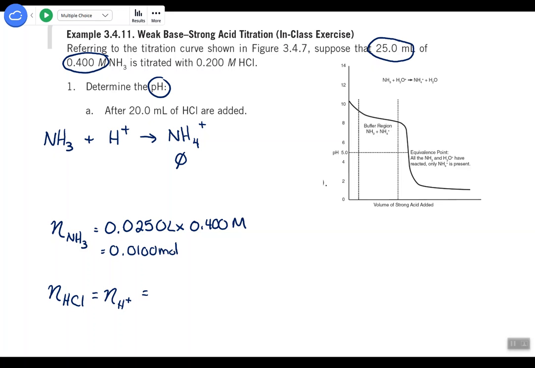The number of moles of acid at this point, we've added 20 milliliters of 0.2 moles per liter. So I have 0.01 moles and 0.004 moles as my starting values for each of these components.